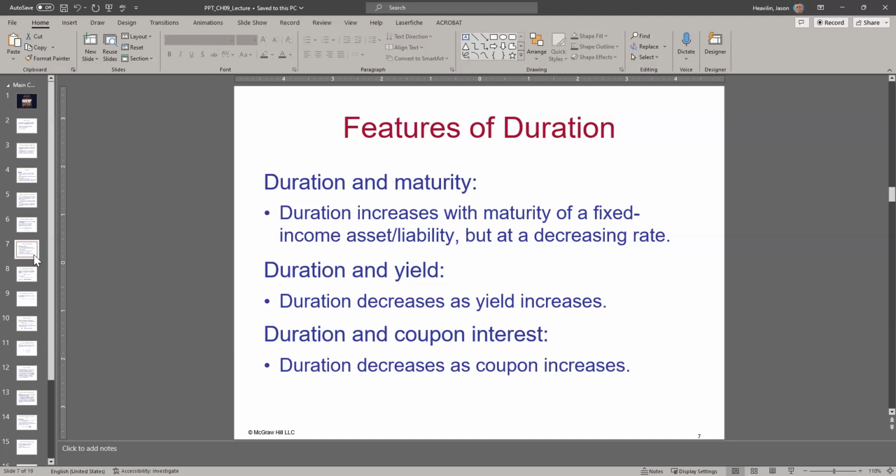Duration decreases as yield increases. Duration and coupon interest rates. Duration decreases as coupon increases. So these are relationships between duration and maturity, duration and yield, and duration and the coupon rate. If one goes up, the other goes down, or if one goes up, the other goes up, etc.